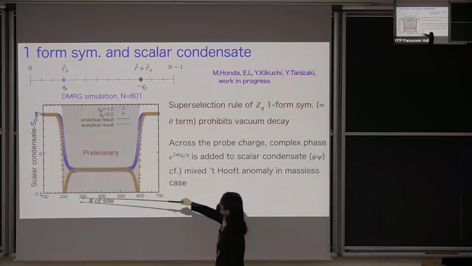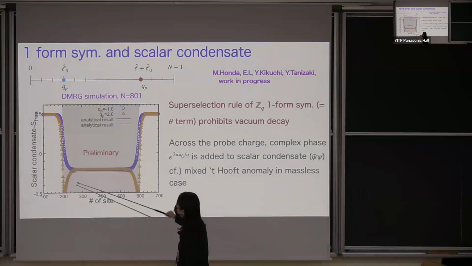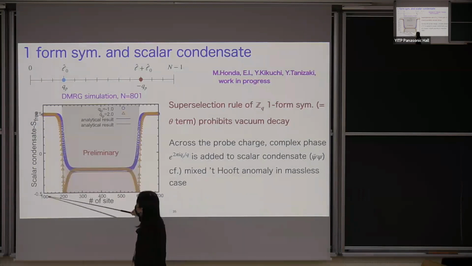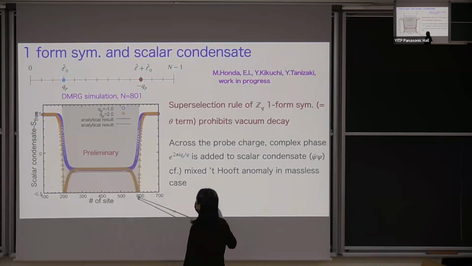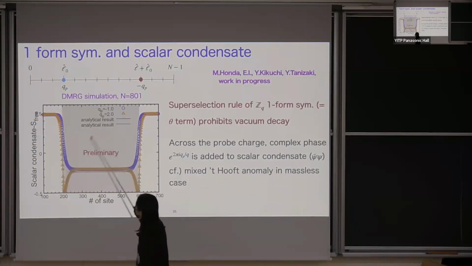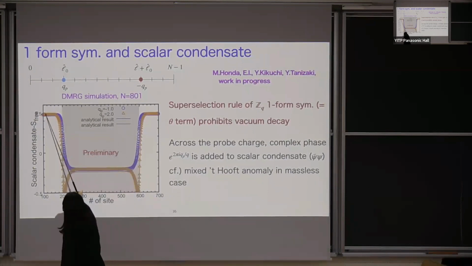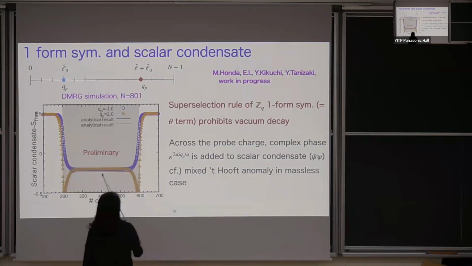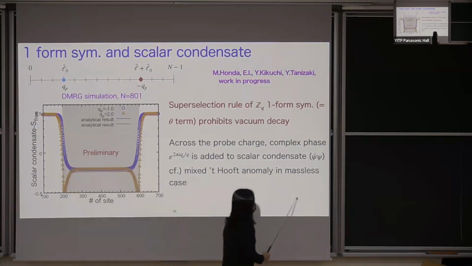Actually, this is a preliminary result of the investigation of the scalar condensate as a function of the number of sites, from DMRG simulation. So you see the outside of the Polyakov loop has a different value of the scalar condensate from the inside of the Wilson loop.